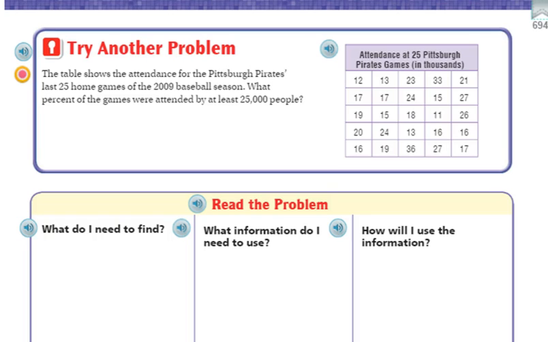We need to figure out a percentage of games that were attended by at least 25,000 people, which means we want greater than or equal to 25,000 people. You'll notice on our chart that these values are in the thousands, so it's 12,000, 13,000, 23,000, and so on.